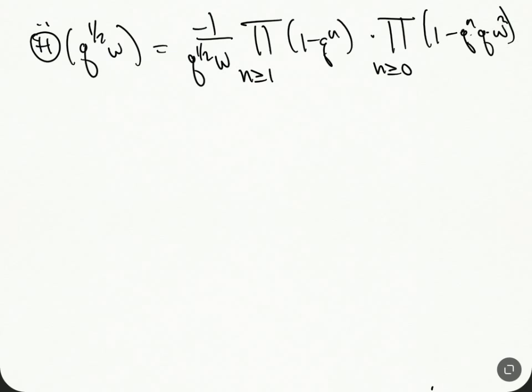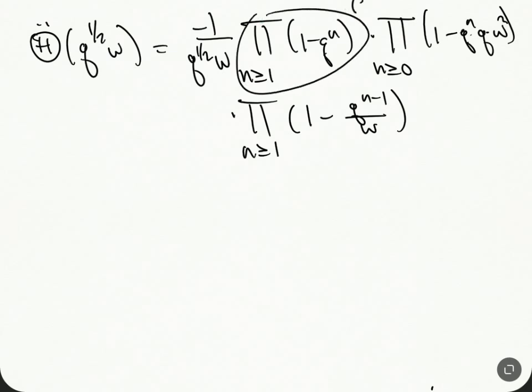And times the last term. So we have the zeros here, 1 minus q to the n minus 1 over w. I'm just going to call this whole constant here c. Okay, so that's just a constant.